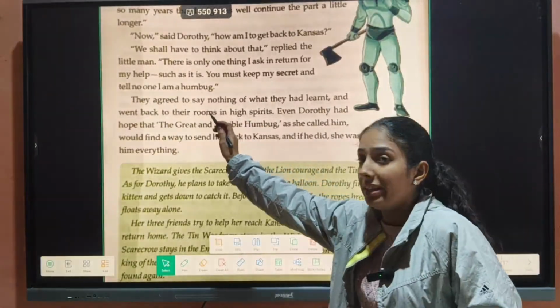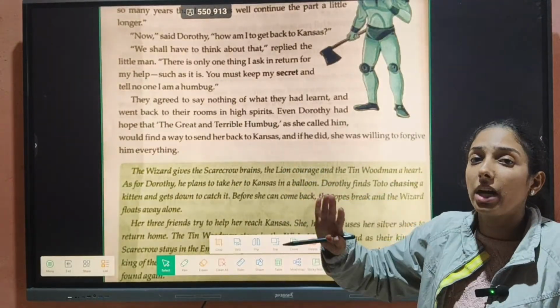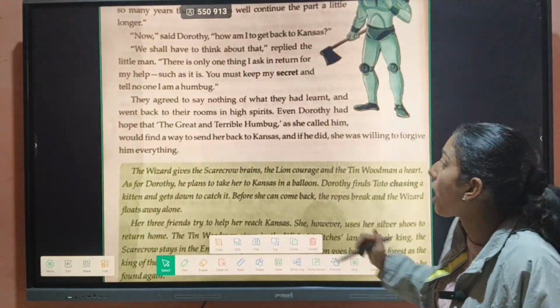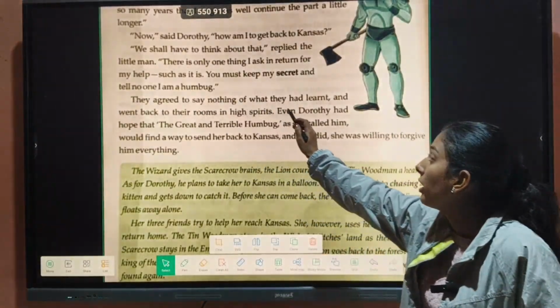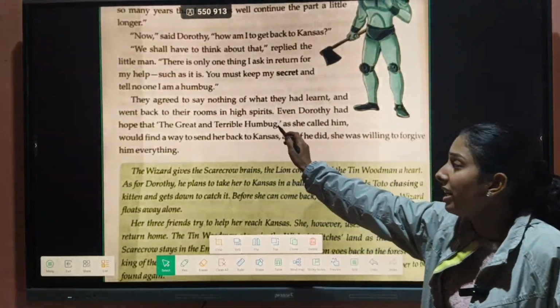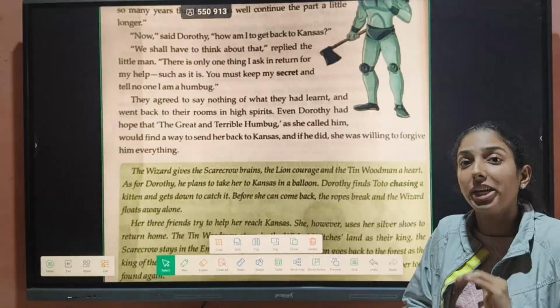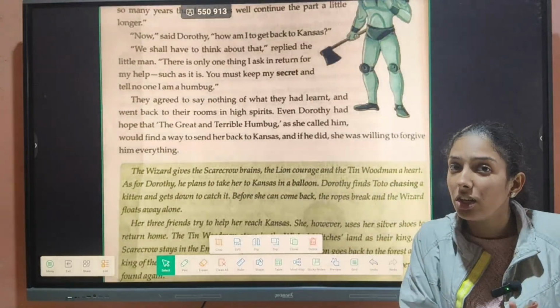Okay, they agreed. They said that okay, fine, we'll keep your secret. We are going to tell nobody that you are not a wizard. They agreed to say nothing of what they had learned, and they went back to their rooms in high spirits. High spirits means very cheerfully, very happily they went back to their rooms.